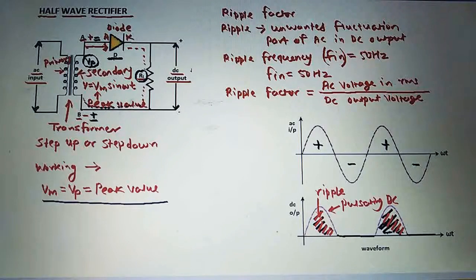That is called ripple factor. So ripple factor is the ratio of AC voltage in RMS, that is the RMS value of AC, to the DC output voltage, that is DC voltage.